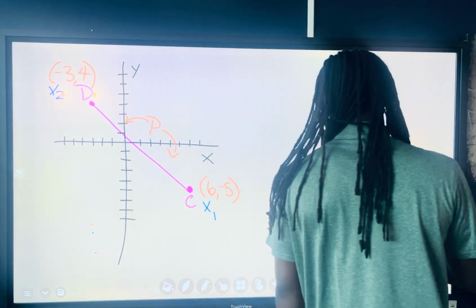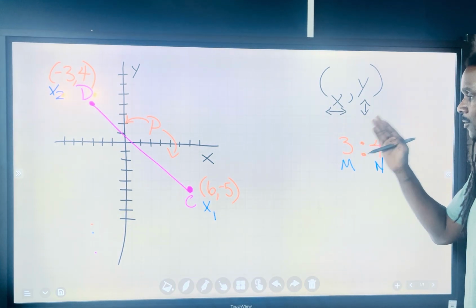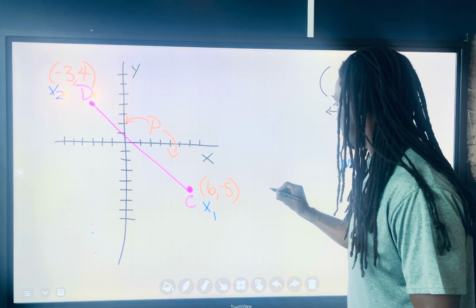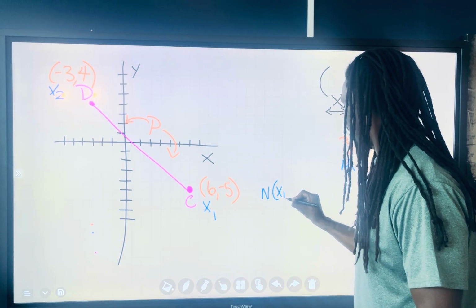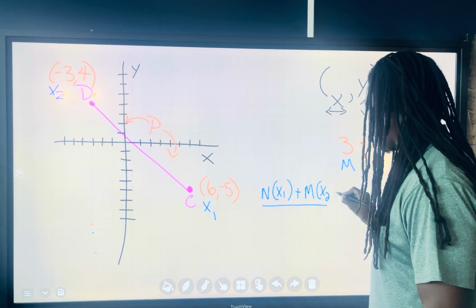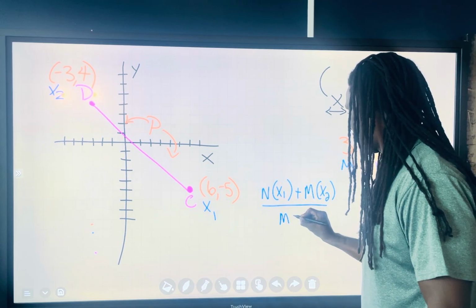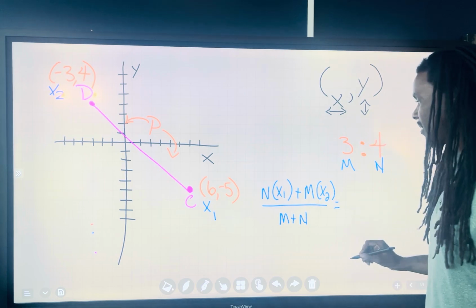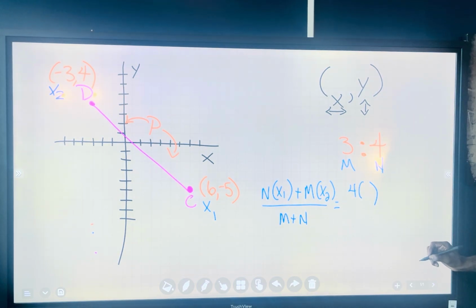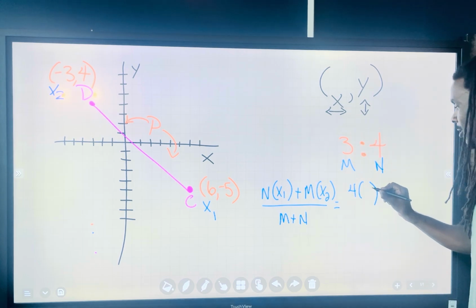I don't want to move that. So what you'll do is you're going to do the X values first. So you should have N. Remember, the formula is N X1 plus M X2, all divided by M plus N. When we plug that in, the N value is 4. X1 is what? 6. There you go.